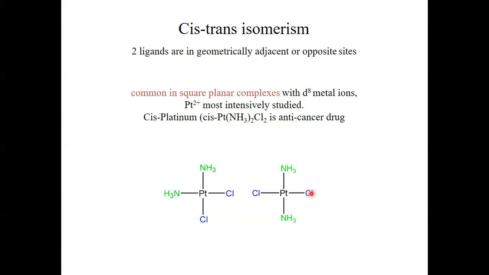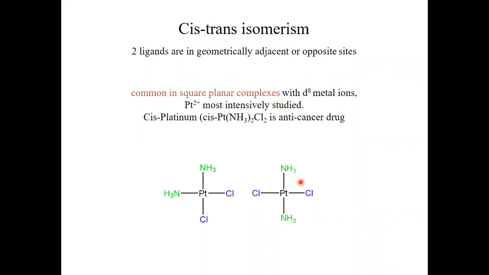This kind of isomerism can have significant implications for the properties of the compound. While cisplatin is an effective anti-cancer drug, the respective trans isomer is not.